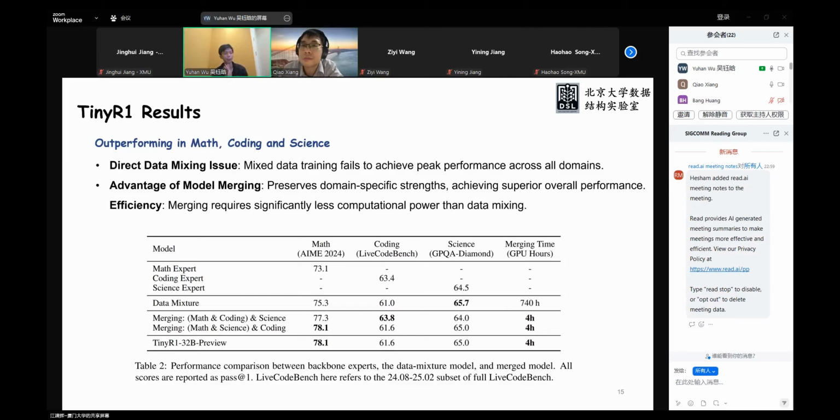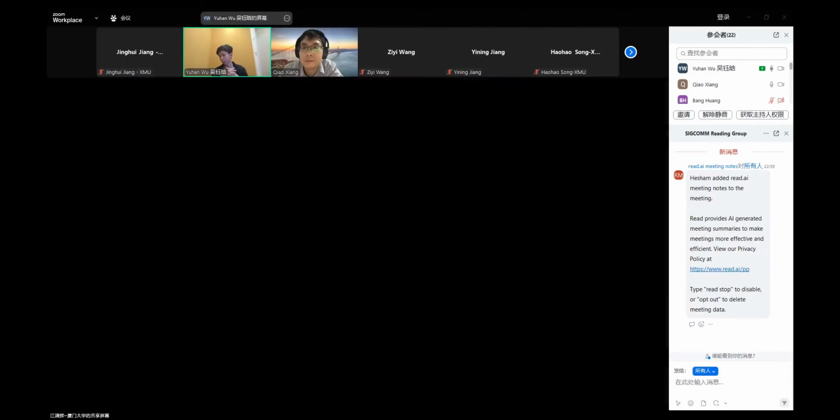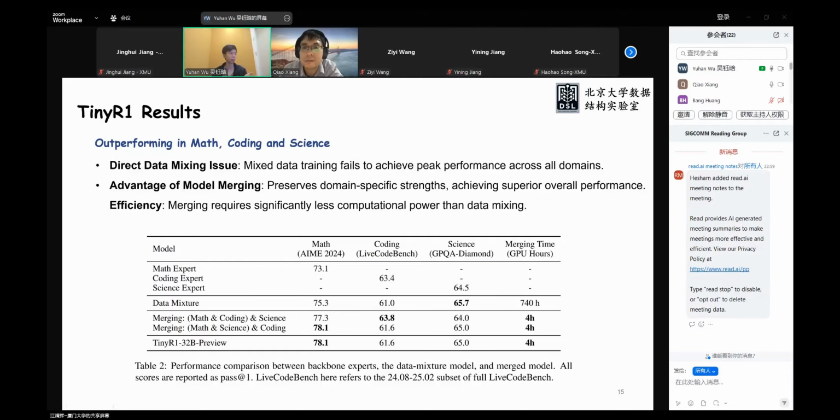First, this algorithm is not invented by us. It's just an open source tool, not even a paper, just an open source code repo. Maybe I can start from the traditional method.